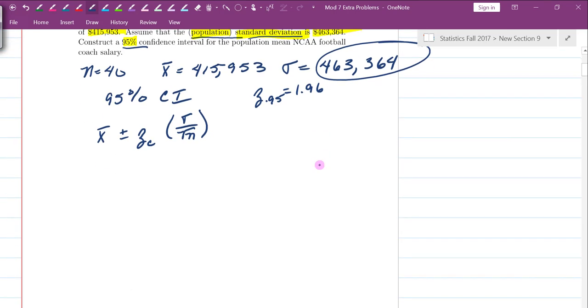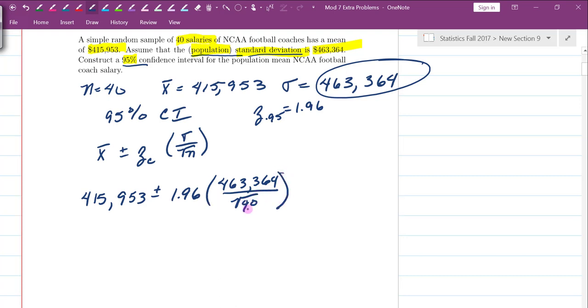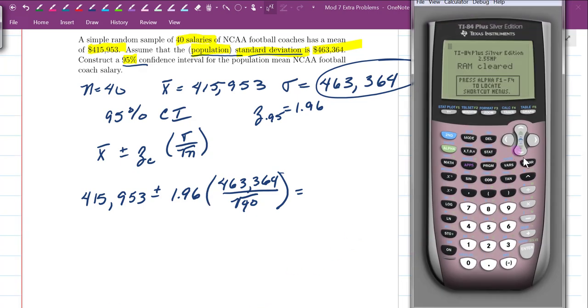So here we go. We're just going to fill in everything we know. And so we have 415,953 plus or minus 1.96 multiplied by 463,364 divided by the square root of 40. Okay, and we're going to grab our calculator. There's my calculator. Hit clear.